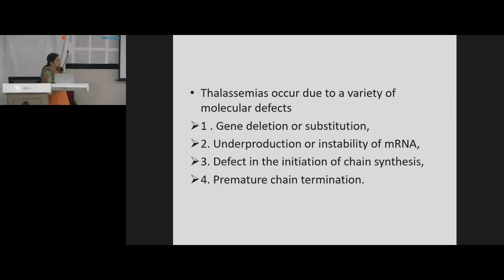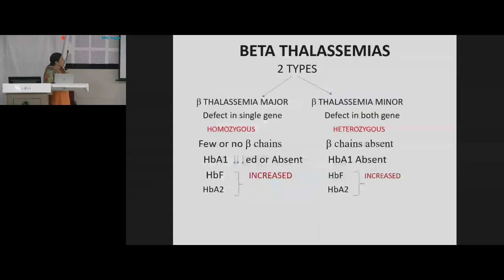Thalassemia can occur because of any defect in the information pathway, from transcription to translation. So thalassemias can occur due to a variety of molecular defects: gene deletion or substitution, underproduction or instability of mRNA, defect in the initiation of chain synthesis, and premature chain termination.